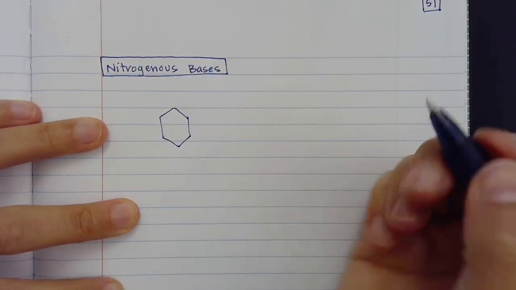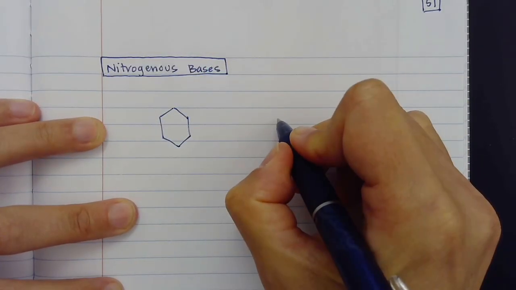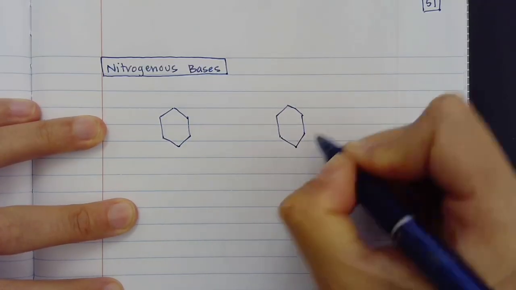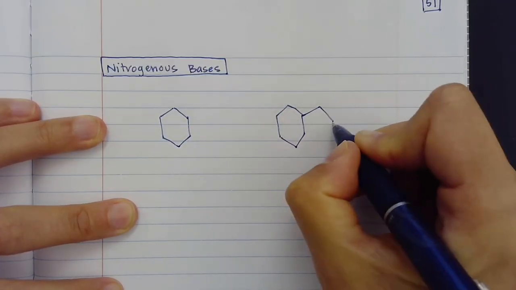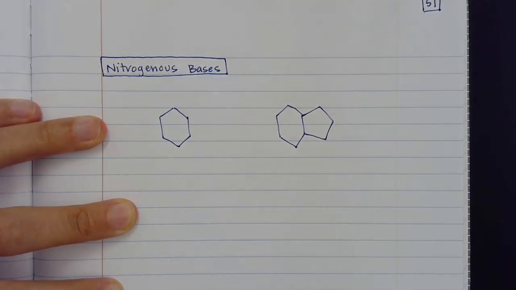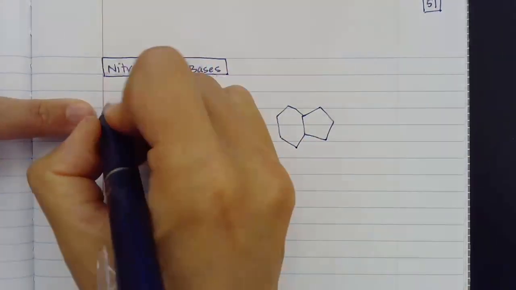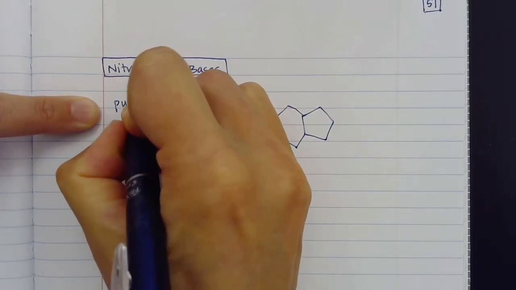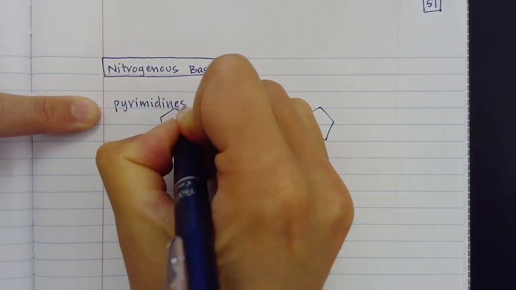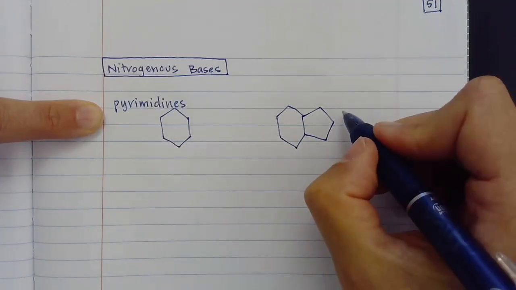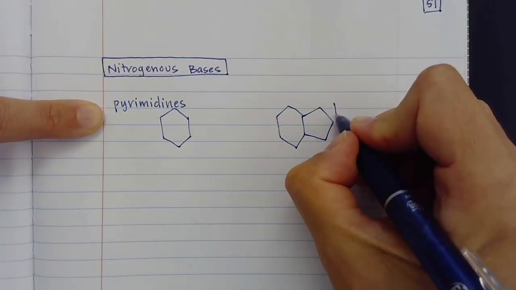And then there is another type where you have that same ring structure, but it has another ring of nitrogens sticking off of it. These ones here are called pyrimidines. So if they're made up of 1 ring, they're called a pyrimidine. If they're made up of 2 rings, then they are called purines.